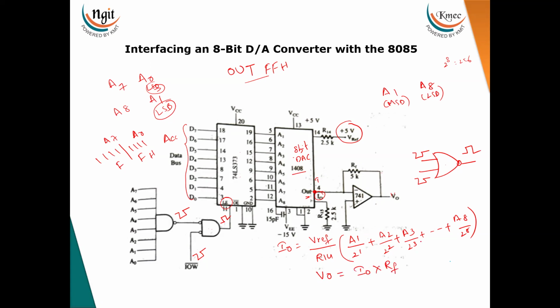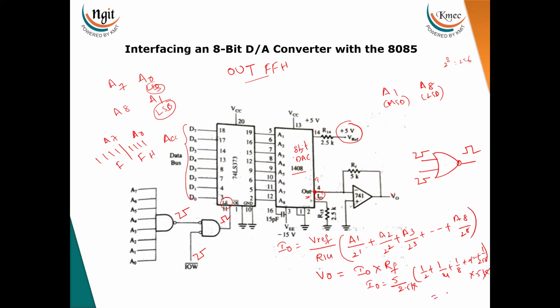If all the values are 1, at that time I0 current is equal to V reference voltage 5 divided by R14 value 2.5 kilo, into 1 divided by 2, and 1 divided by 4, and 1 divided by 8, and so on, up to 1 divided by 256, into RF value 5 kilo. Here kilo and kilo get cancelled.